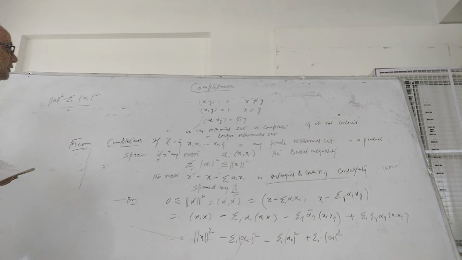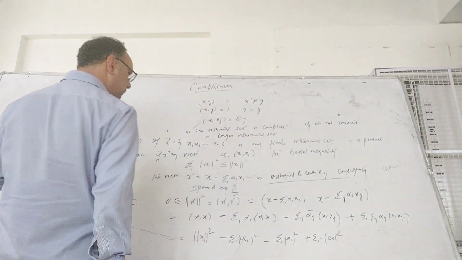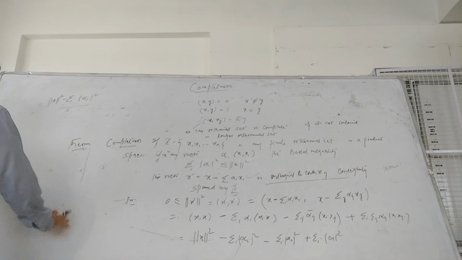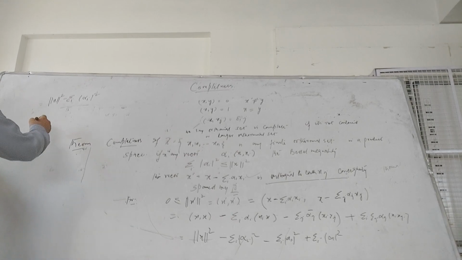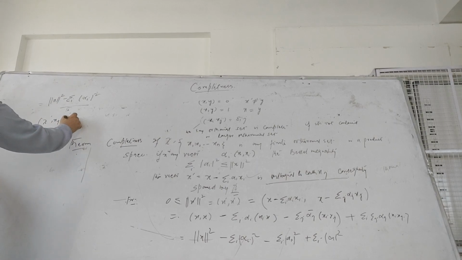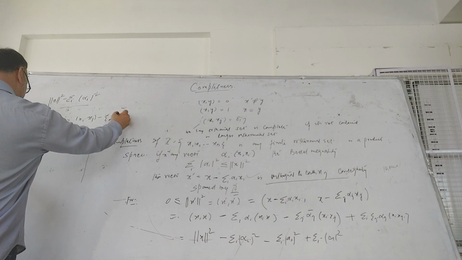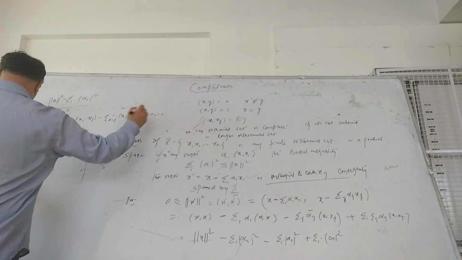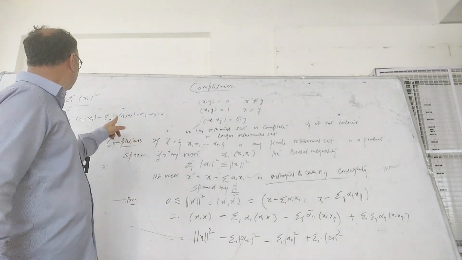The second assertion can be shown similarly: the inner product of x prime with xj is alpha j minus alpha j, which is this thing. So this is theorem 1.